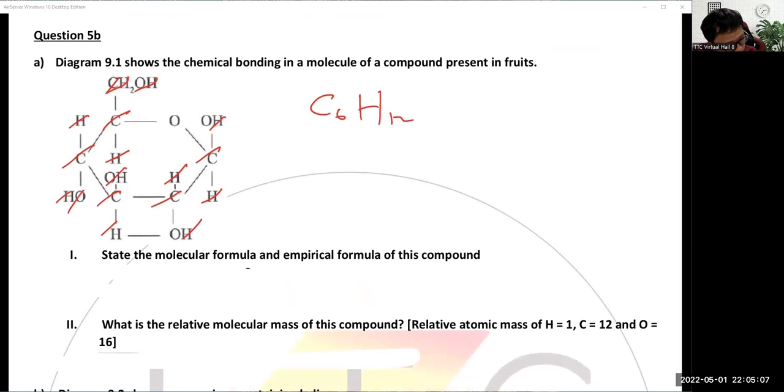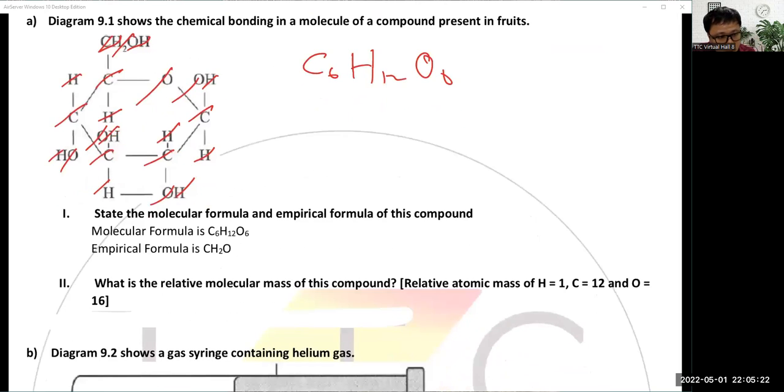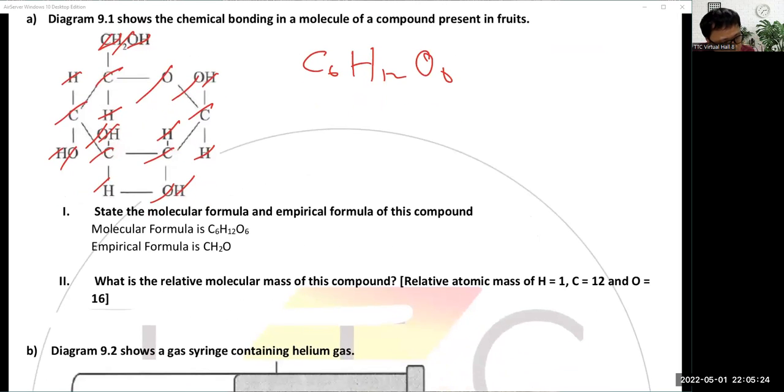Then oxygen: 1, 2, 3, 4, 5, 6. So technically this is your glucose. The empirical formula is the simplest ratio; from 6, 12, 6 the simplest ratio will be 1 to 2 to 1. Then state the relative molecular mass, so you have to calculate the mass: 6 times 12, then 12 times 1, 6 times 16, you get 180.